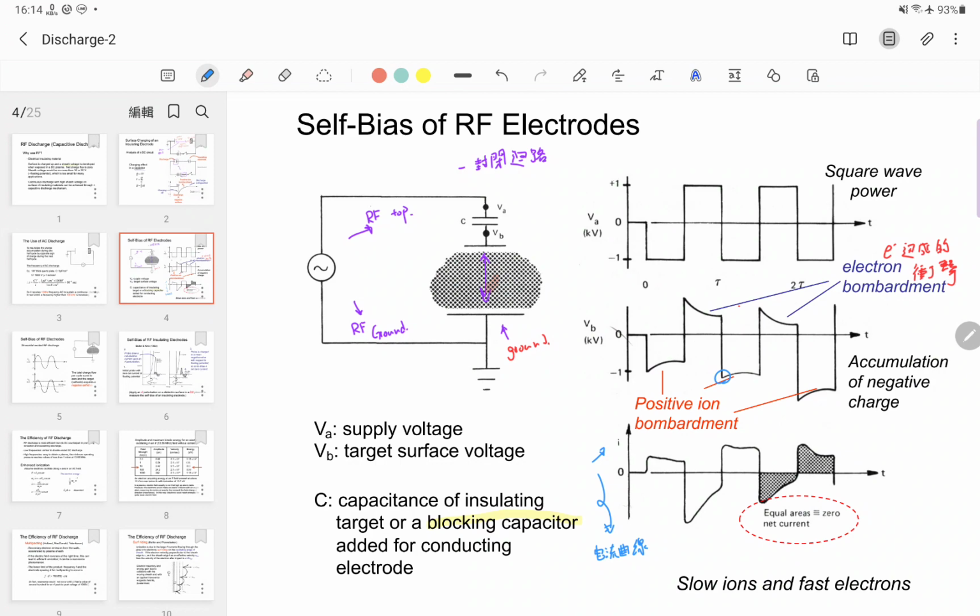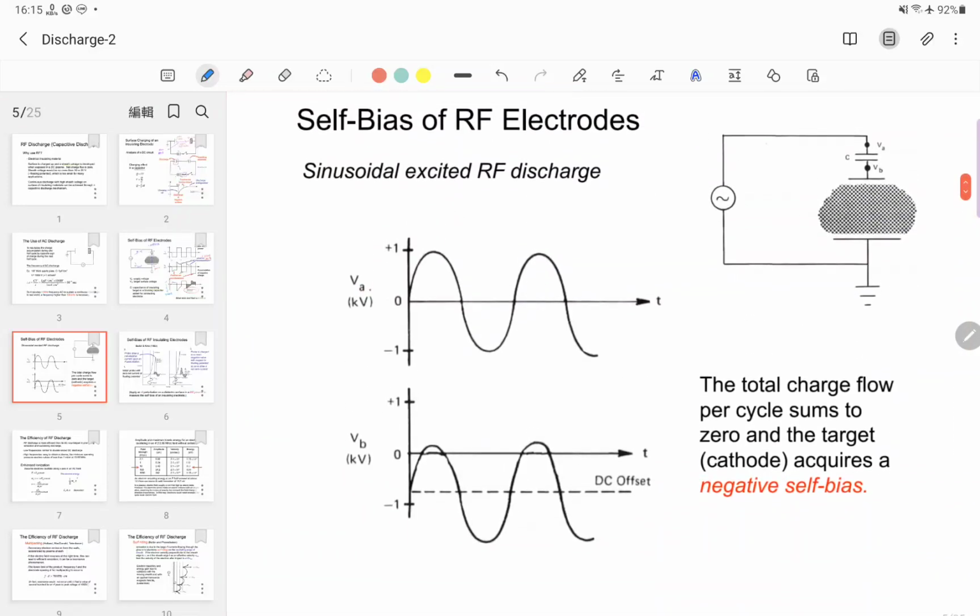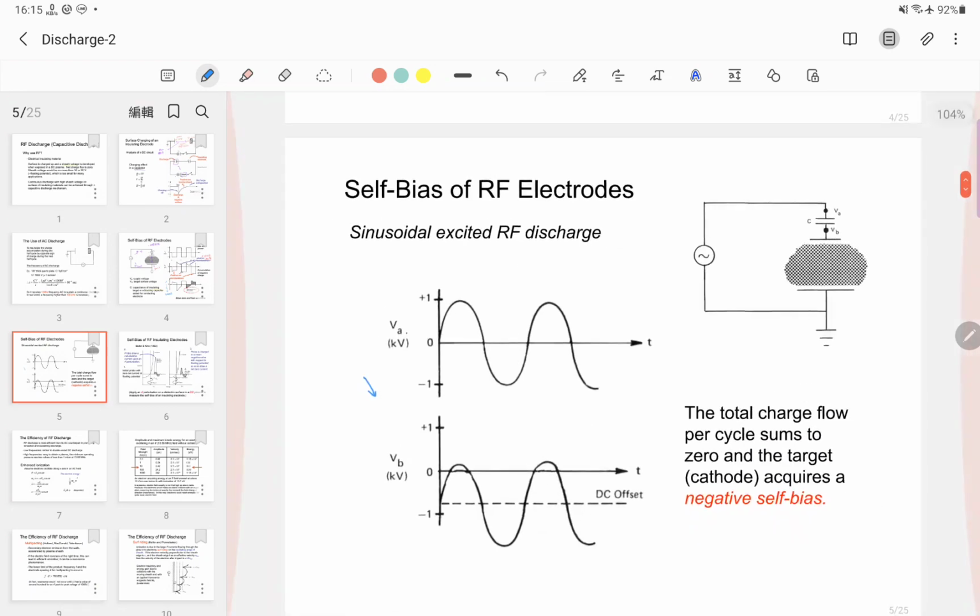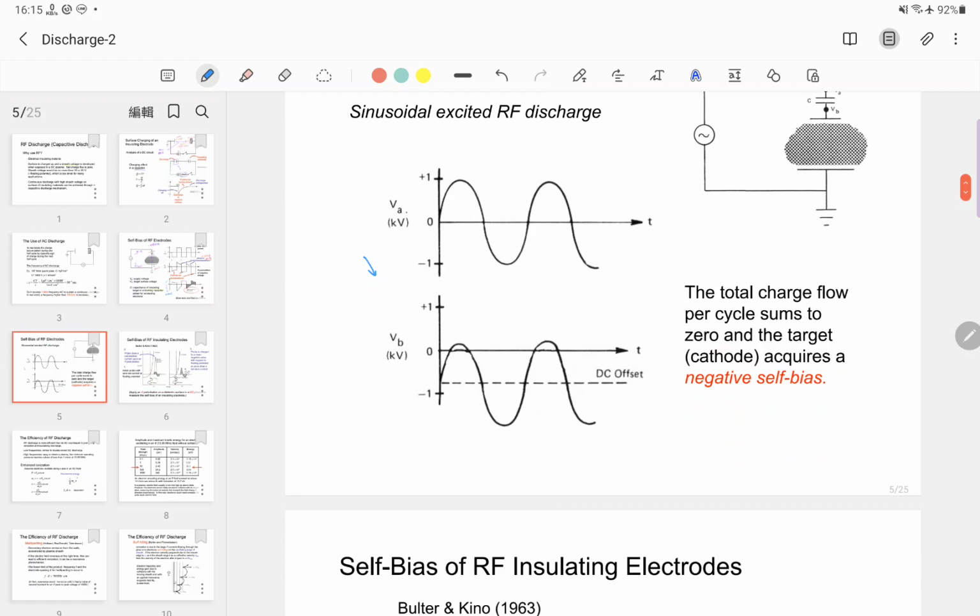If we change the power output to a sinusoidal form, here is the output voltage versus time, the voltage VA. And for the voltage on the electrode surface, after passing through the blocking capacitor, the voltage reading VB looks like this. It still looks like a sine wave.